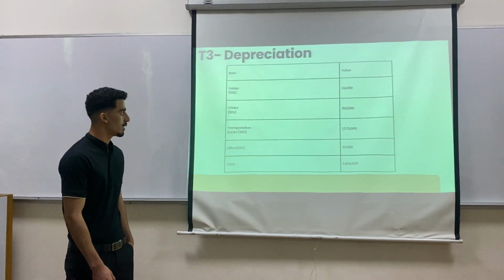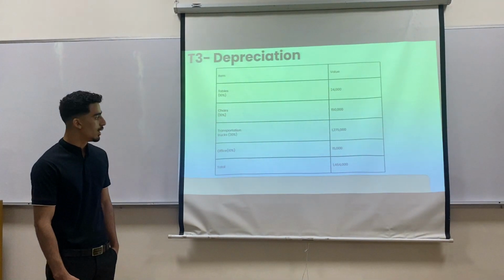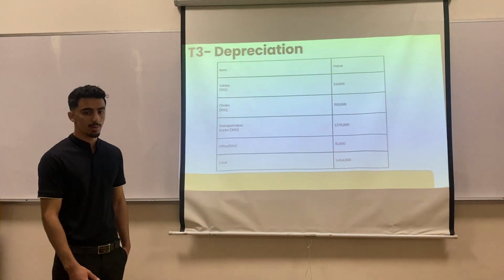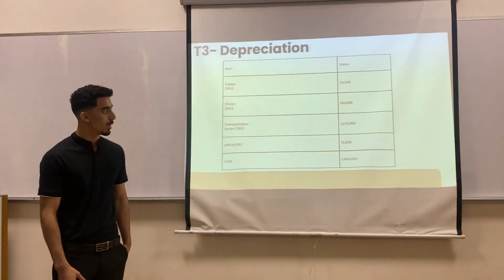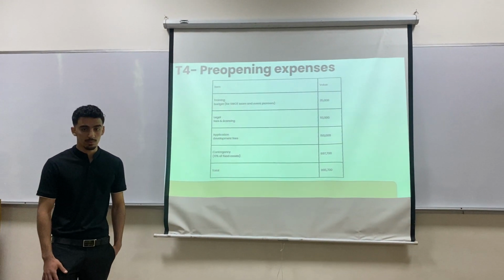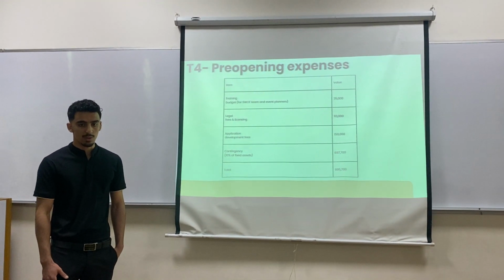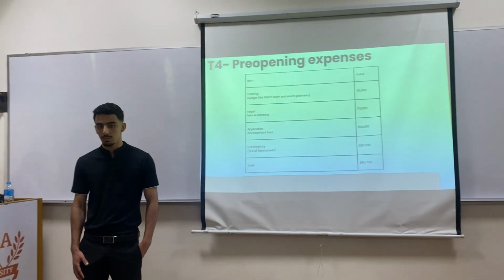The depreciation: the tables were depreciated by 10%, the chairs by 10%, the transportation trucks by 20%, and the office by 10%. How did you make your assumption of the contingency? Based on our research. Based on what did you make your contingency for the fixed assets?